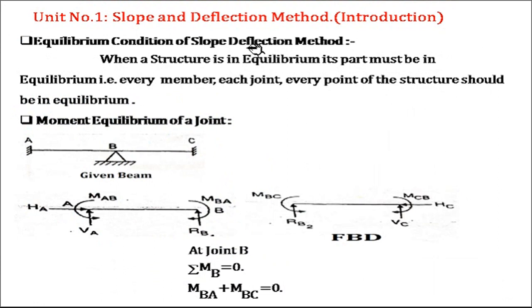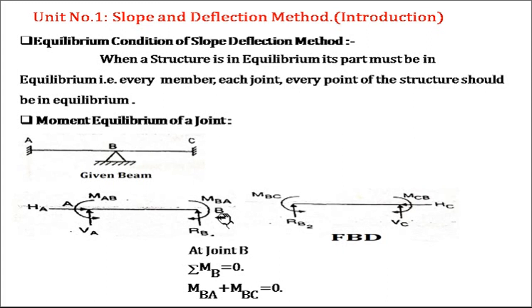Equilibrium condition of slope deflection method. When the structure is in equilibrium, its parts must be in equilibrium. That is, every member, each joint and each point of the structure should be in equilibrium. So moment equilibrium of a joint. This is the given beam ABC. If you draw the free body diagram, at A fixed support, so there are three reactions.